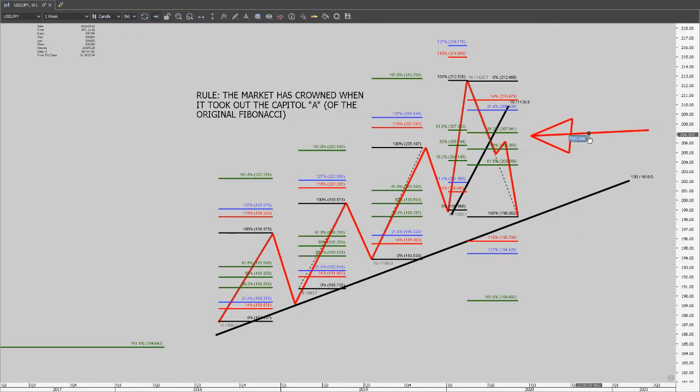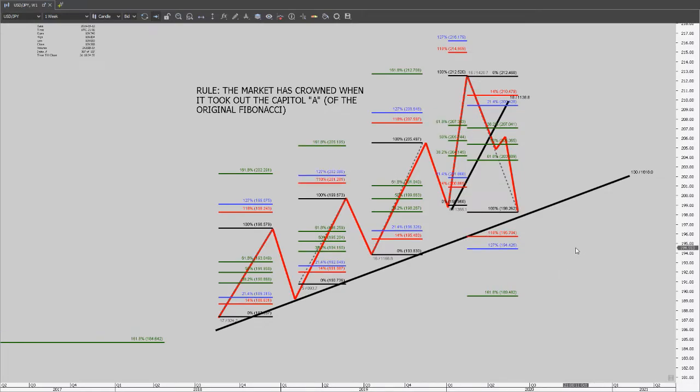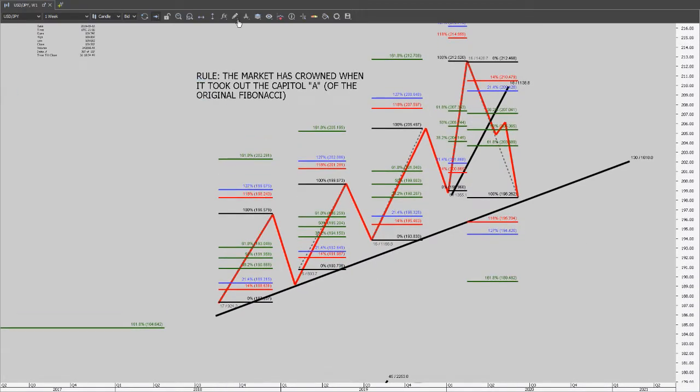That being said, there are other areas of the Fibonacci where the market crowns. For the traders who send the email that you have difficulties, the market is going to crown always, everybody.